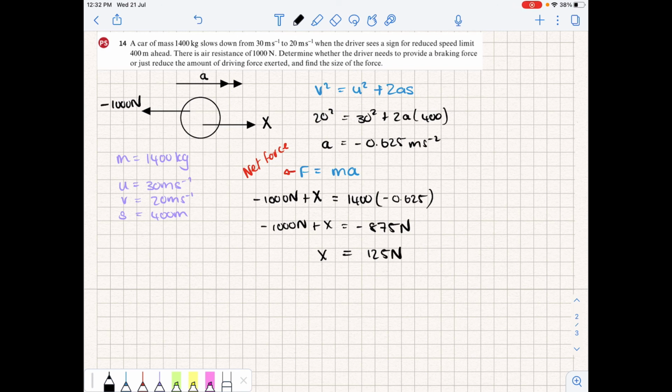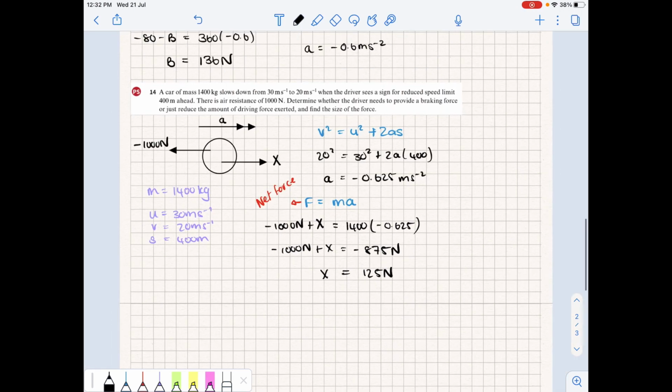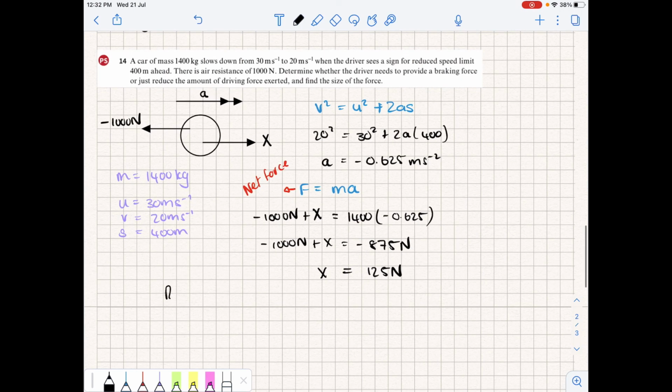So the force required to bring the car to the correct speed, the net resultant force, requires us to apply a driving force of 125 newtons. And so in this case, the driver would just need to reduce the driving force exerted. So we can finish the equation by saying reduce the driving force to 125 newtons.